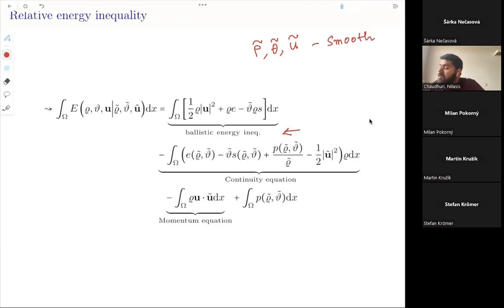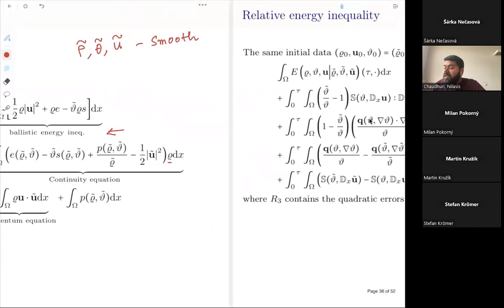So for the time being, this is related to the weak formulation of the continuity equation, and this is related to the weak formulation of the momentum equation. And this is some smooth quantity. So we use this from the weak formulation and compute it.